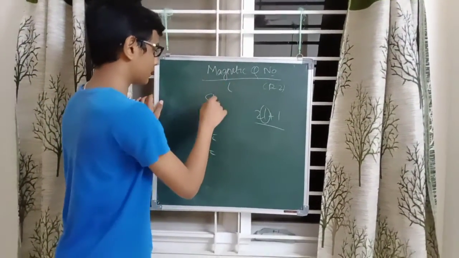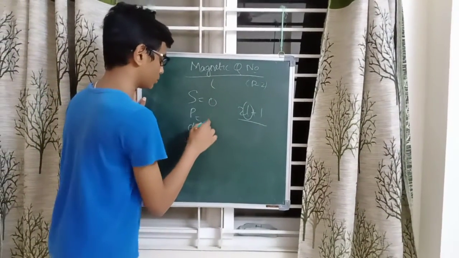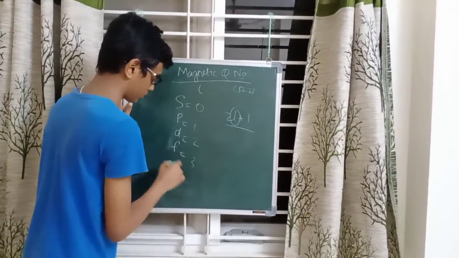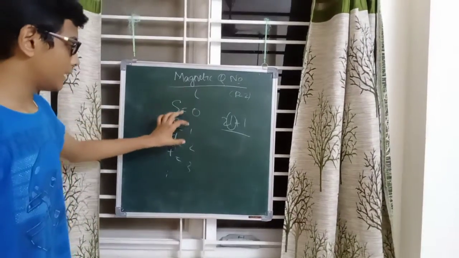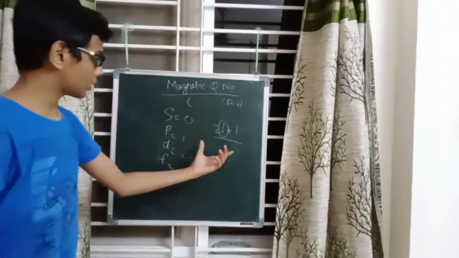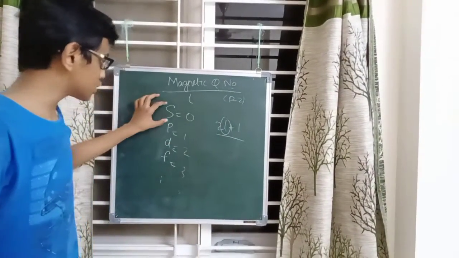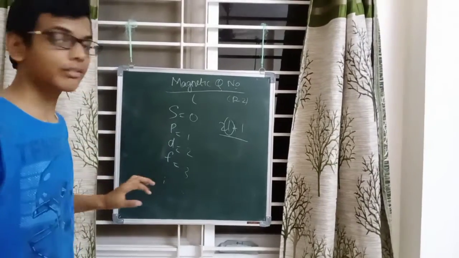For S, P, D, F, the azimuthal quantum number values are 0, 1, 2, 3. So l is 0 for S, 1 for P, 2 for D, 3 for F. Based on this, we can calculate the number of orbitals that a certain shell like S, P, D or F has.